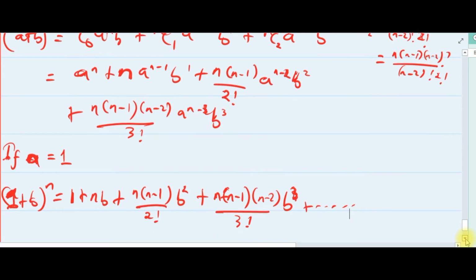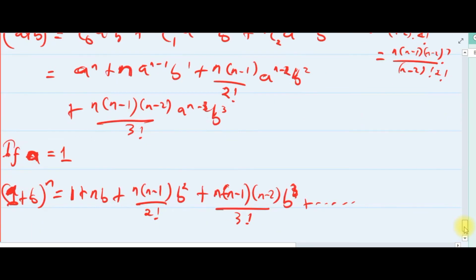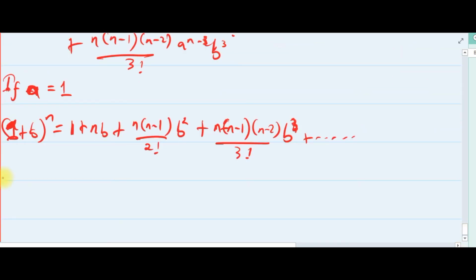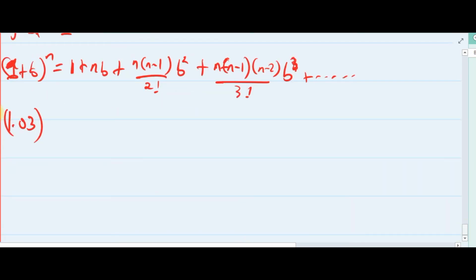So this is a very important formula that will help us if you're asked to approximate some terms. Example, the one I wrote, 1.03 raised to the power 3.